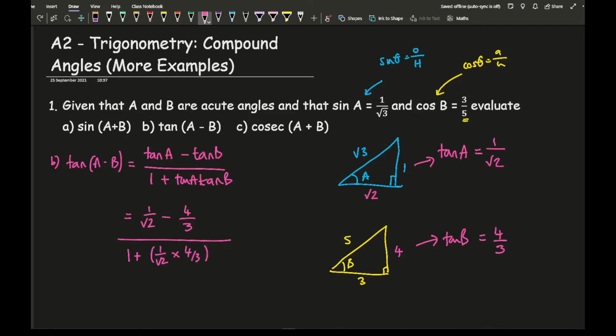And again, if I just simply bung that into my calculator, I get an answer of 3 minus 4 root 2 over 4 plus 3 root 2. And there is my final answer, obviously with the denominator not rationalized. So moving on to C.